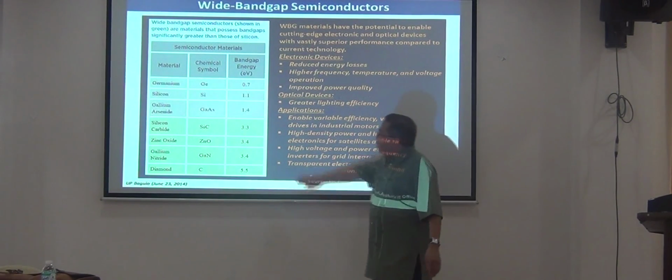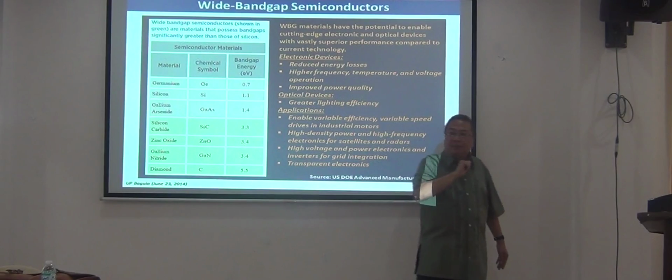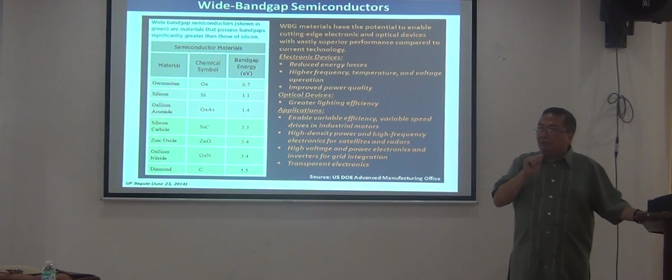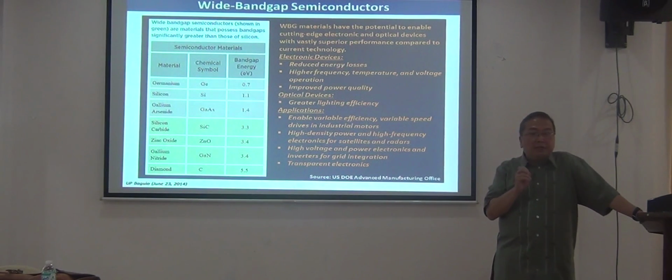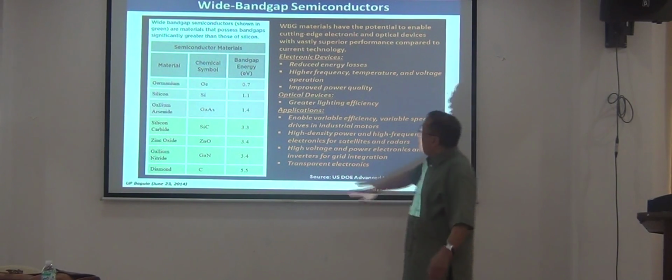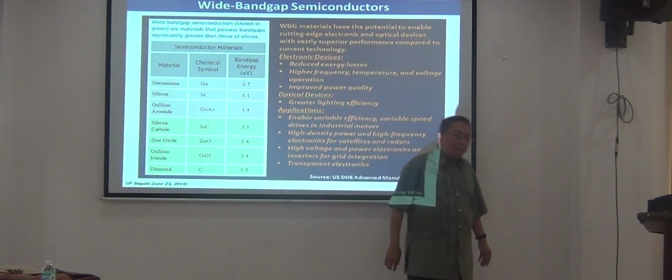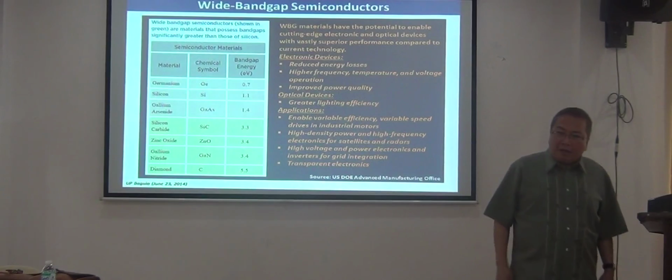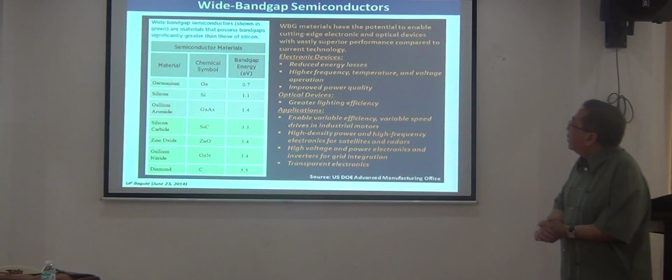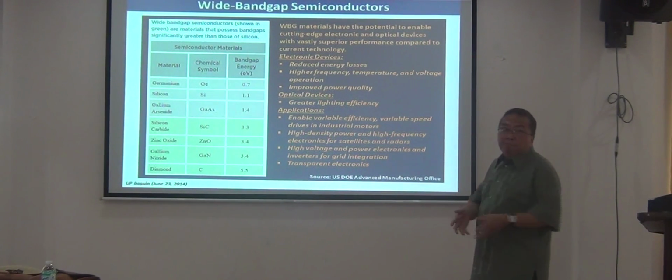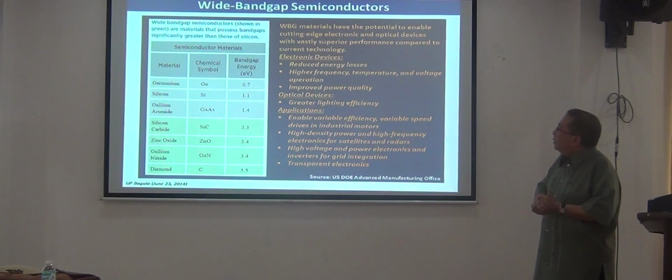Okay. Now gallium nitride is a driver for the very high efficiency light emitting diodes that are used nowadays, especially for lighting. So there's already a history of applications of wide bandgap semiconductors in the industry.